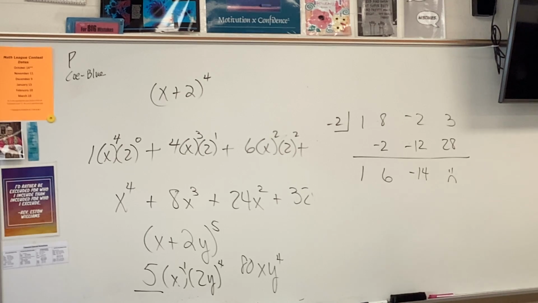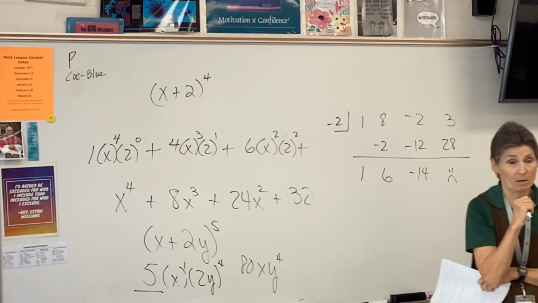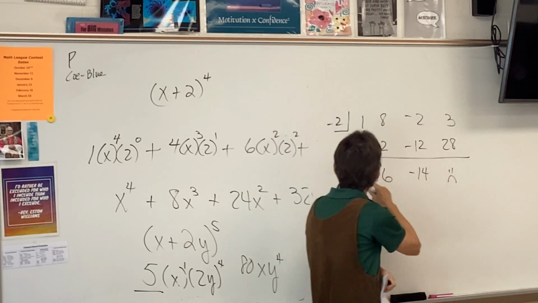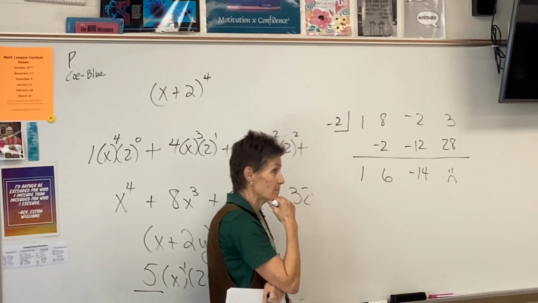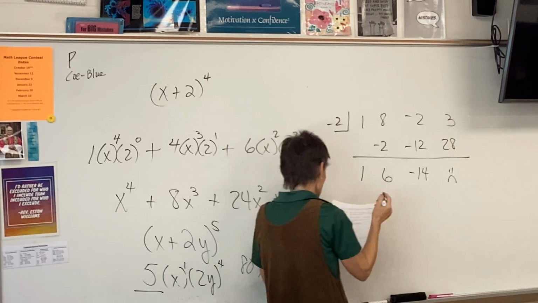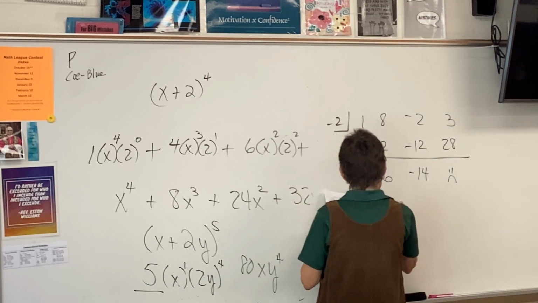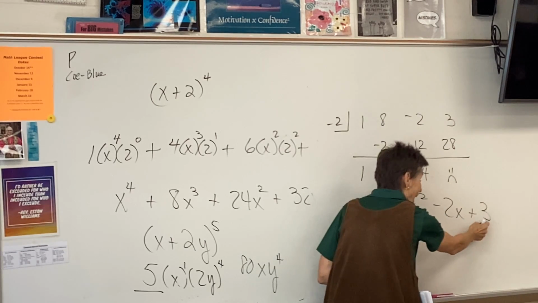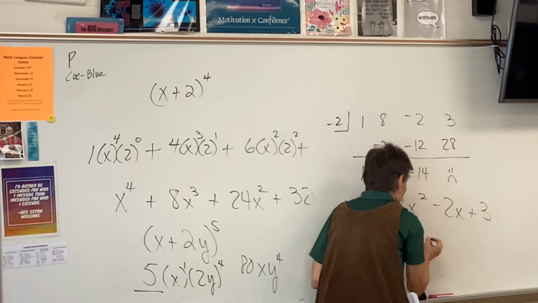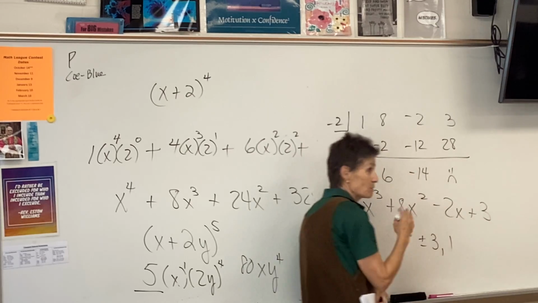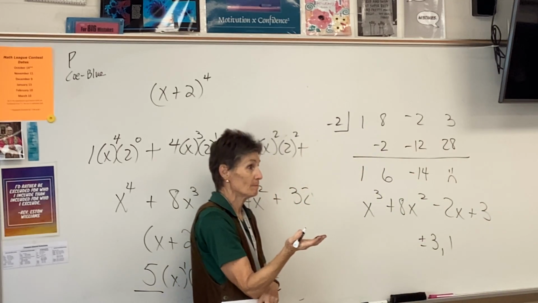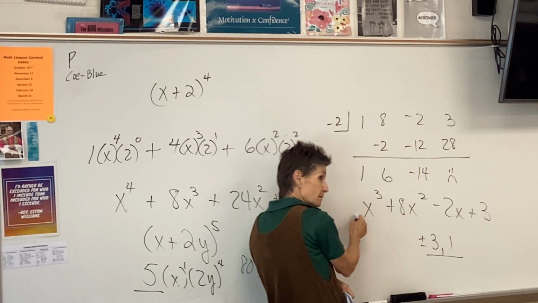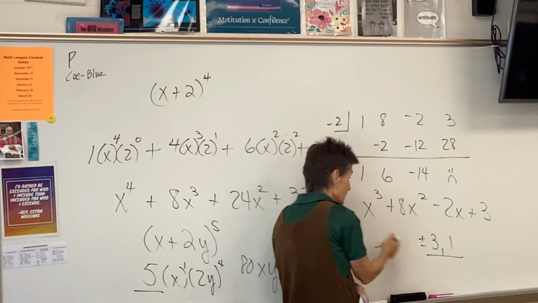Remember that if a rational number is going to be a root, in other words, if -2 is going to be a root, then it has to be generated by taking factors of 3, which are basically just plus or minus 3, plus or minus 1, over factors of the leading coefficient.